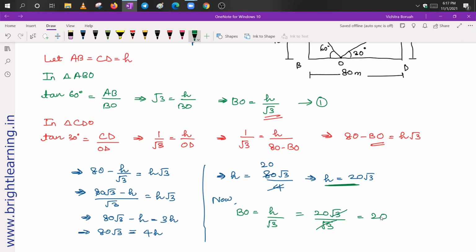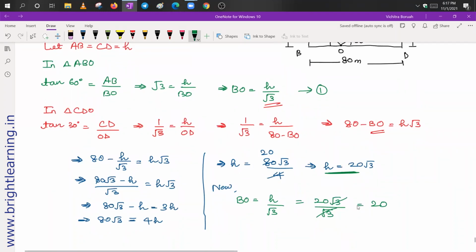So if length of BO is 20, what is the length of OD? It will be 80 minus 20, and 80 minus 20 is 60.